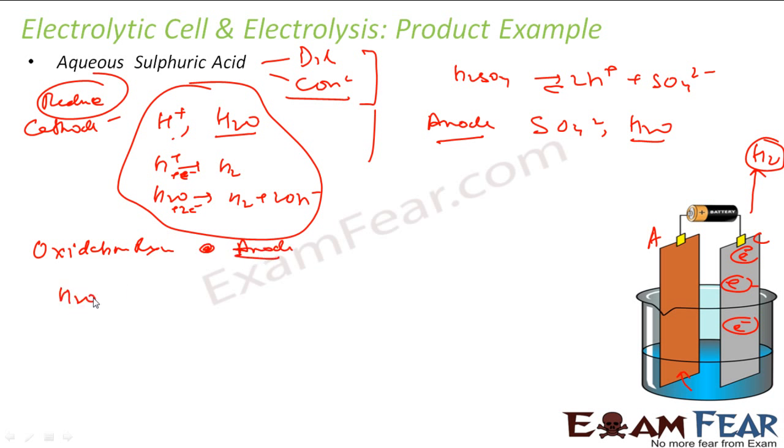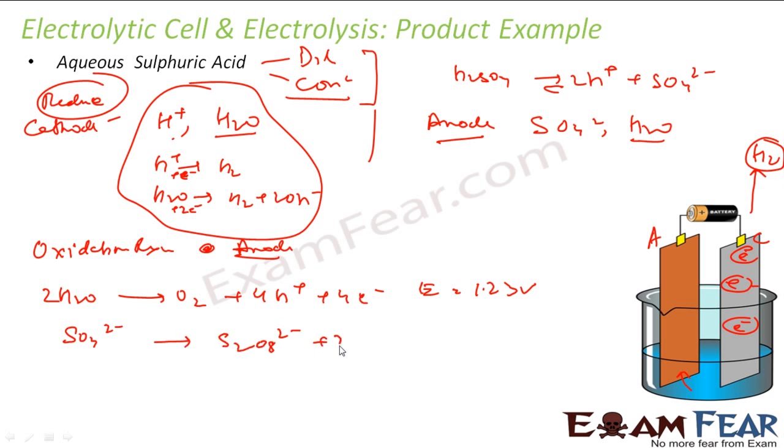I have the water, I'll oxidize it, it will become oxygen and give me some H plus and 4 electrons, it will be 2 H2O to balance. And for this, the E will be 1.23 volt. Another case is SO4 2 minus. It becomes S2O8 2 minus and gives 2 electrons, and this E is 1.96 volt.